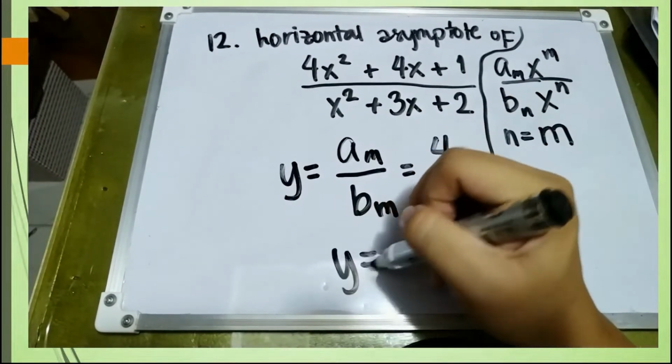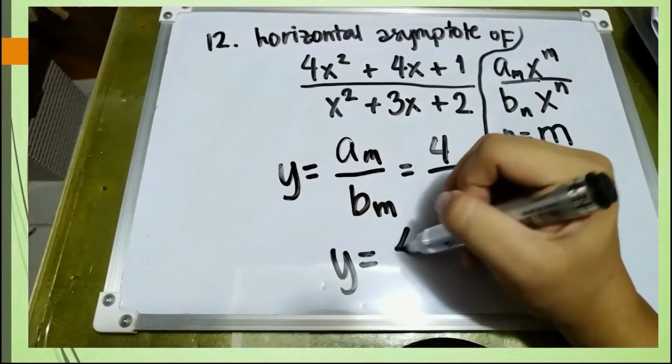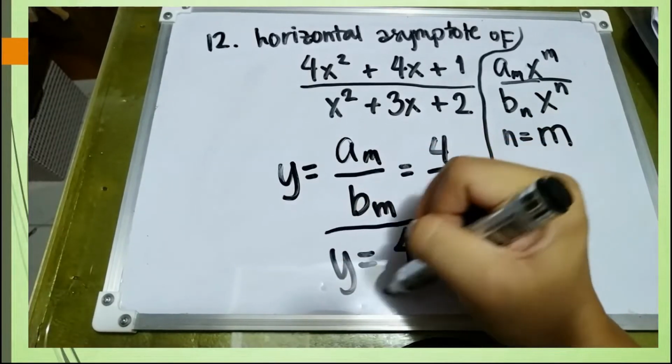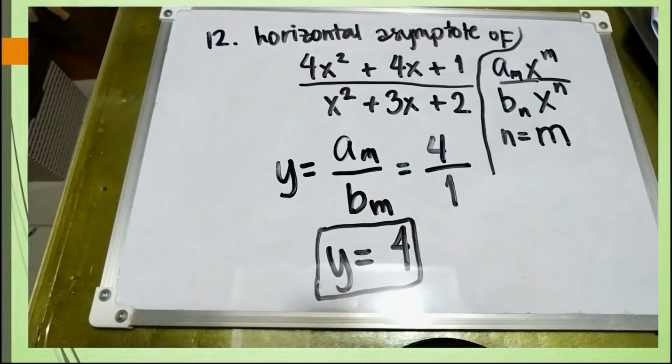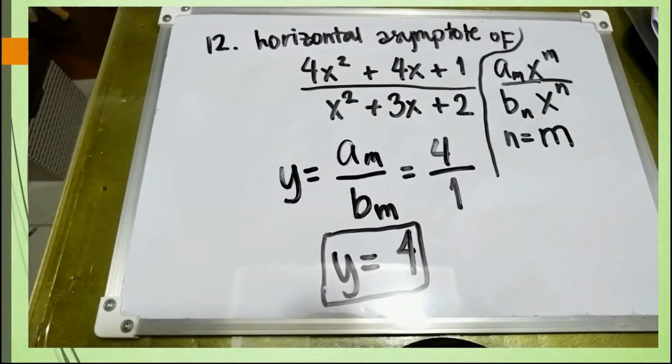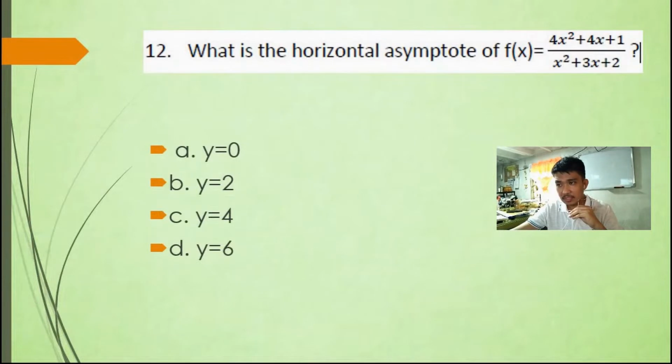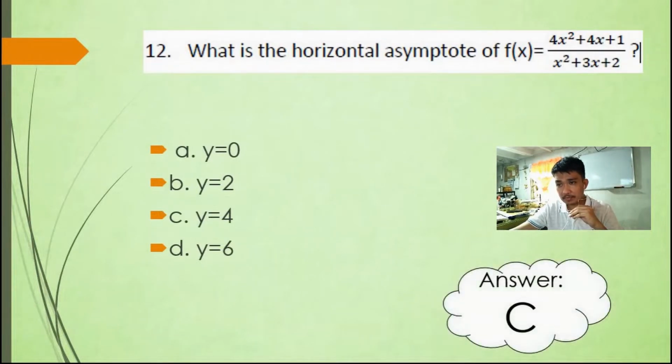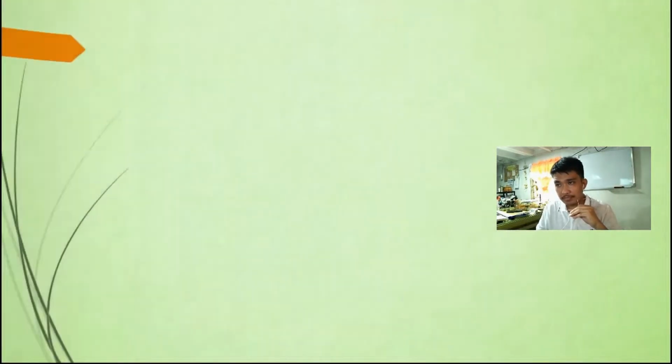So y is equal to 4 over 1, or that is 4. So that is our horizontal asymptote. Now the answer is letter C.